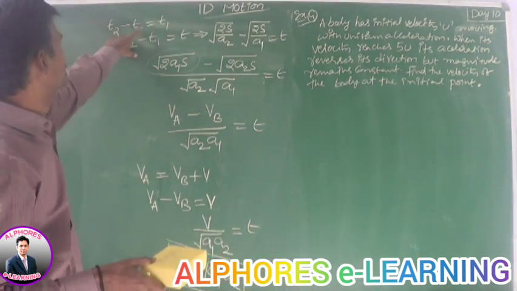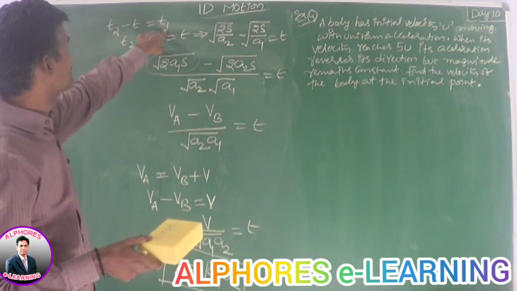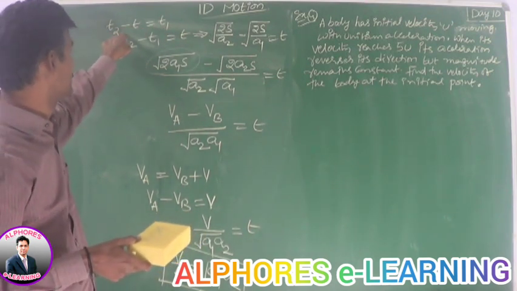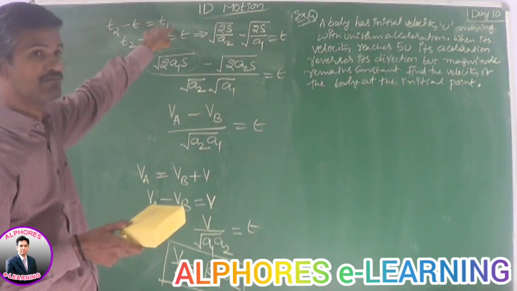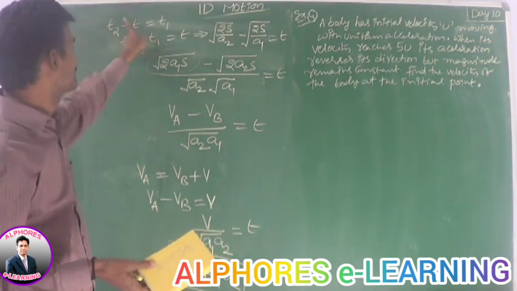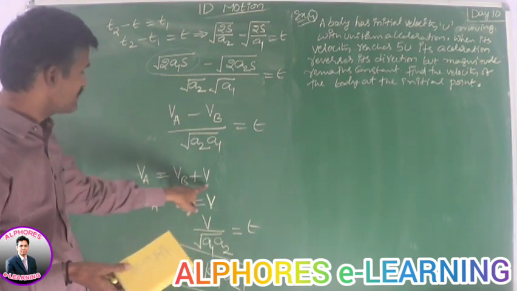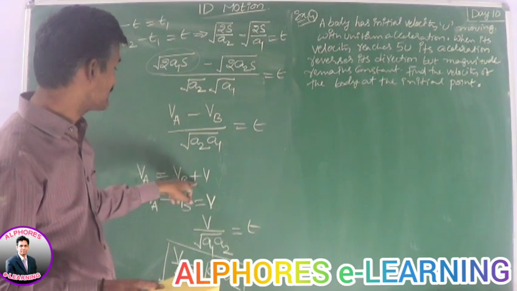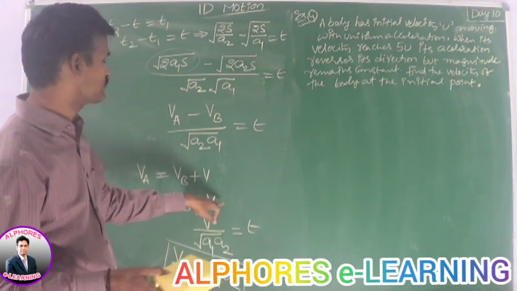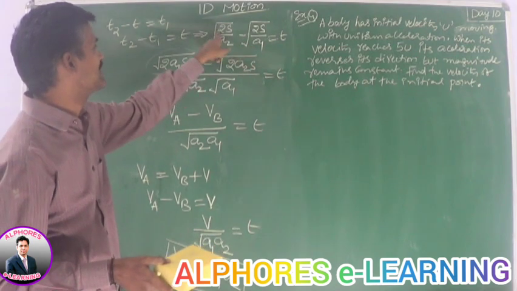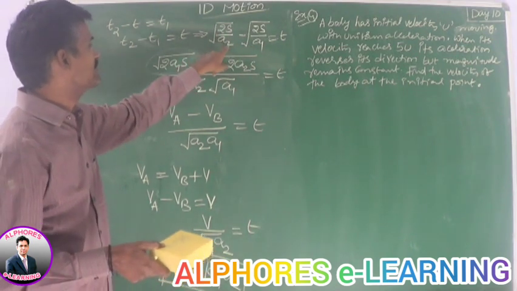So for the time difference, A takes t seconds less, so T2 minus T is equal to T1, or you can write it as T2 minus T1 is equal to T. Similarly, velocity of A is v meter per second more than B, that is VA is VB plus V, or VA minus VB is equal to V. On substituting these values, I have taken LCM here, that is root A1 root A2.